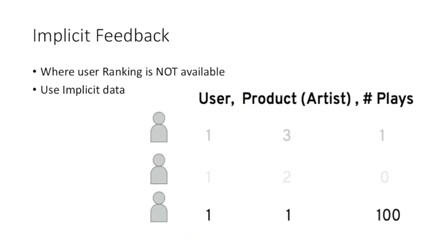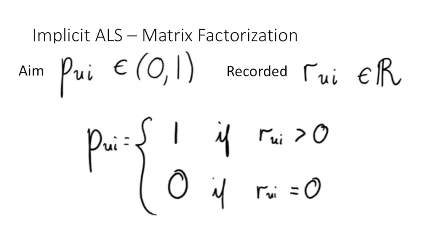And how about for the implicit data? In implicit data, we know that there is no ranking available. It is all about the behavior of the user. So we build a matrix, basically, how many times the user has played that movie, how many times they have downloaded that movie, how many times they have clicked, how much time they have spent on that page, right? By making use of this, we create a matrix, and then we define the preference matrix as 1 and 0.